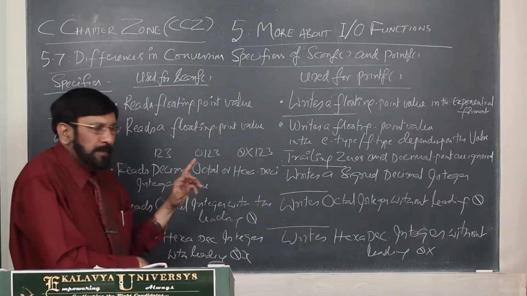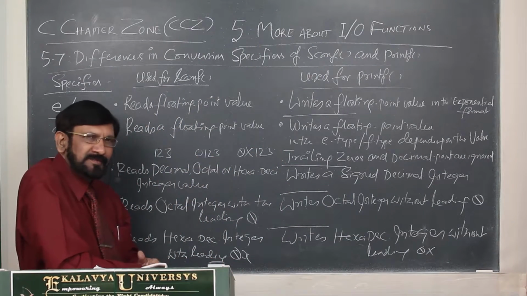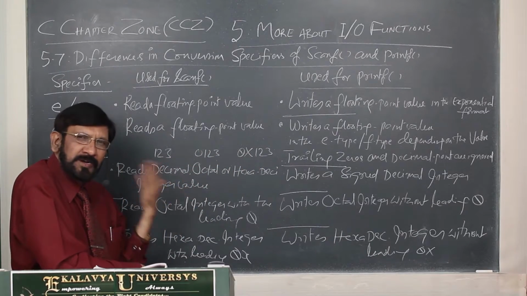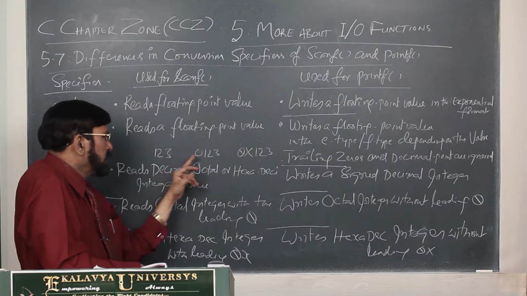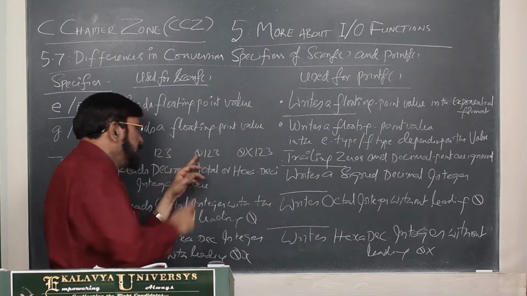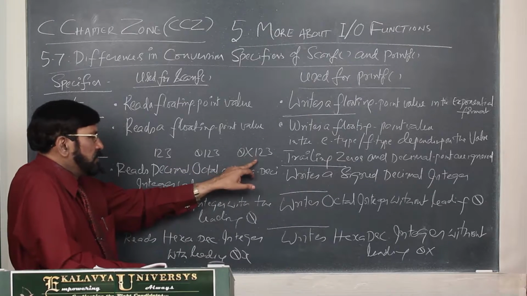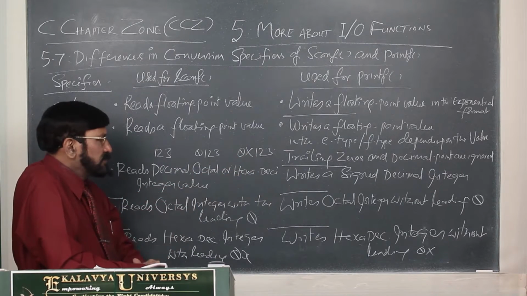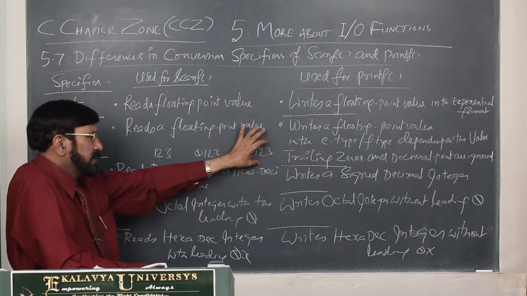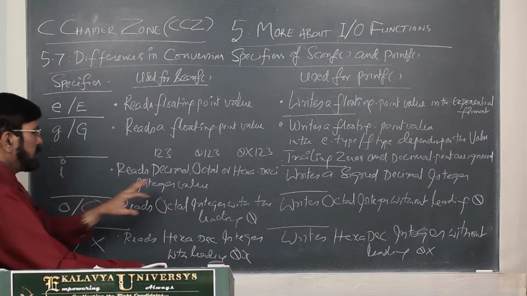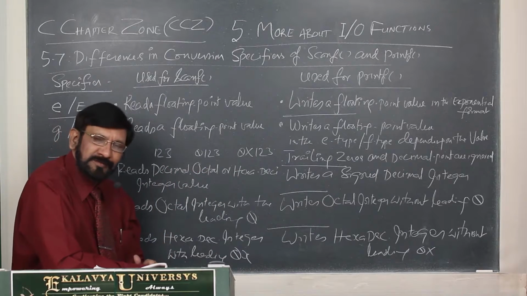So, depending on the prefix, we can know what type it is. Simply 1, 2, 3 means by default it is decimal only. If you write leading 0, obviously it is octal, and if you write 0x, then obviously it is hexadecimal. And using i, we can read all 3 forms of integer values.